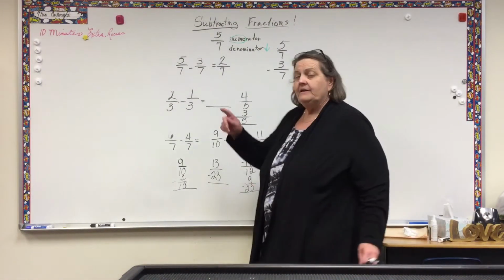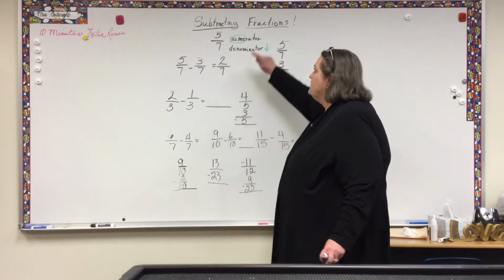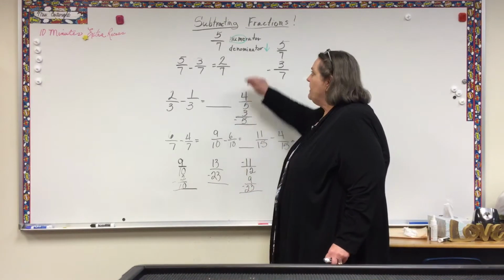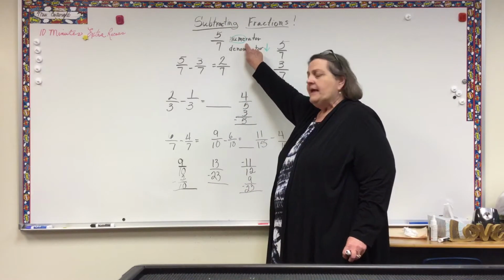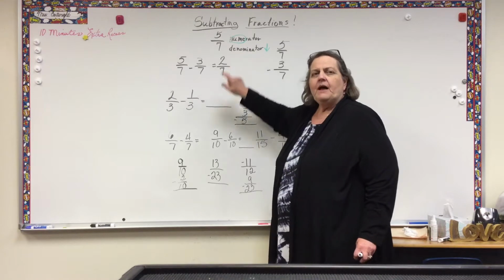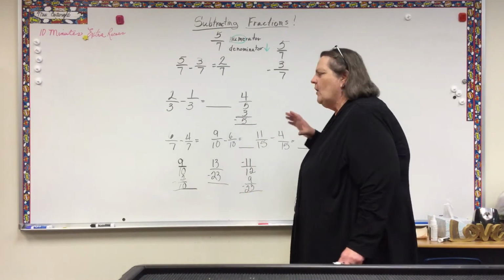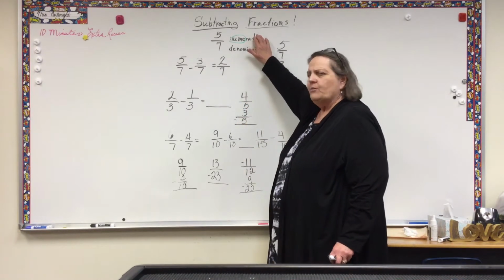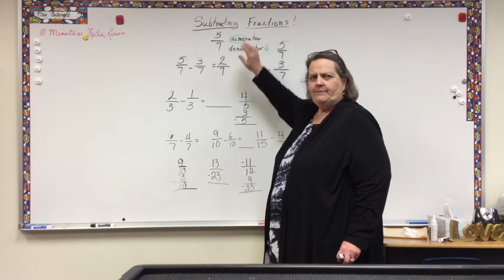Now we were adding fractions, now we're subtracting fractions. Let's remember that the top number is the numerator and the bottom number is the denominator. The bottom number tells you how many parts a whole is divided into, and the top number is the parts we're talking about.